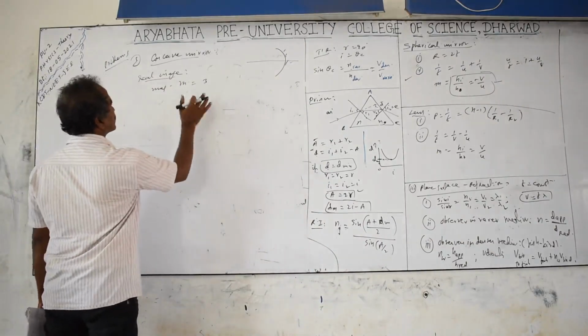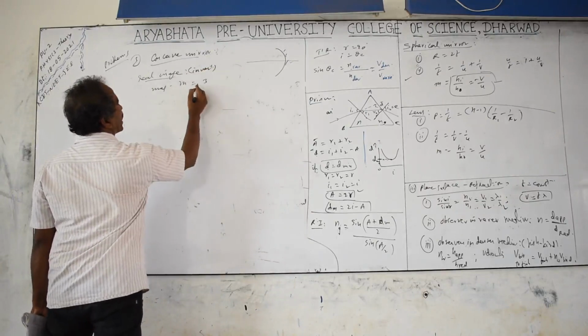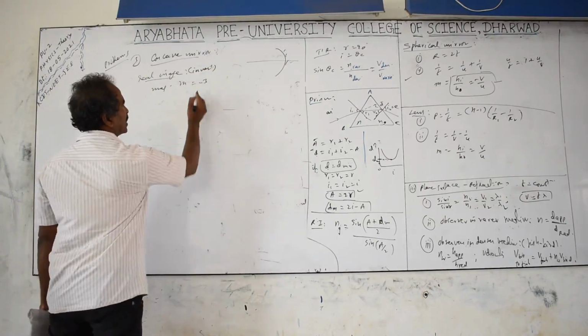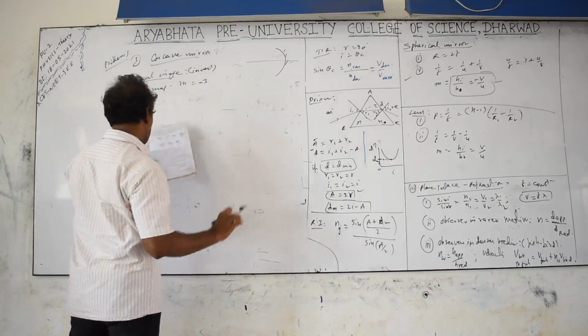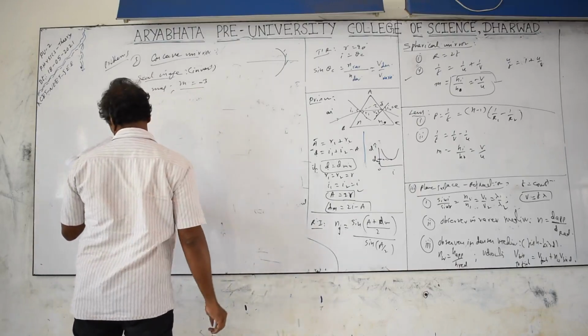Real images are always inverted, so the magnification must be -3. They may not mention the minus sign in words, but if you are using the equation, you must mention plus or minus.